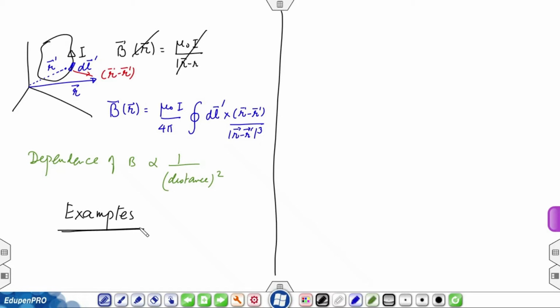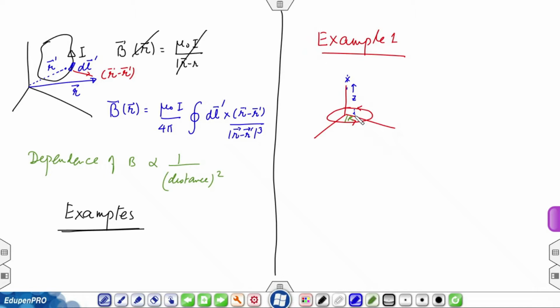Now, let us do some examples of applying this law. The easiest one is a circular current loop in the xy plane, which has radius r, and I want to find the field at a height z from this.